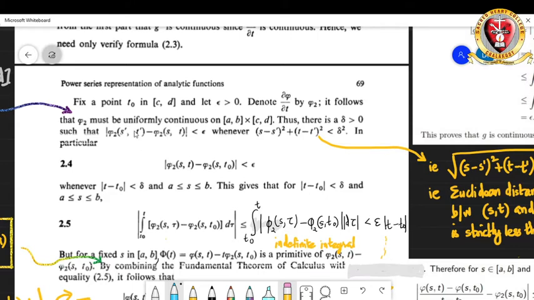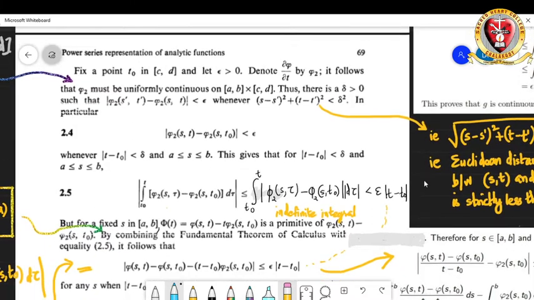So what we are going to do in the next step is to keep s as such, without change here. And then t and t dash are changed to t and t naught here. Assuming modulus of t minus t naught is strictly less than delta, obviously, from the earlier inference, we get modulus of phi 2 of s t minus phi 2 of s t naught is strictly less than epsilon. So that is an inference there.